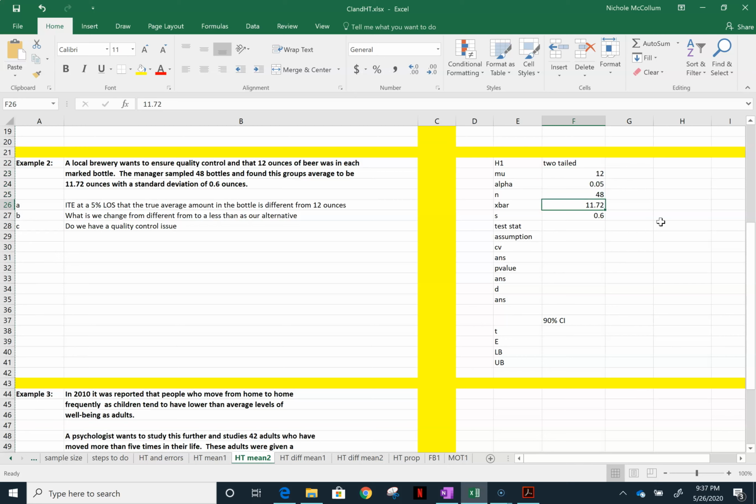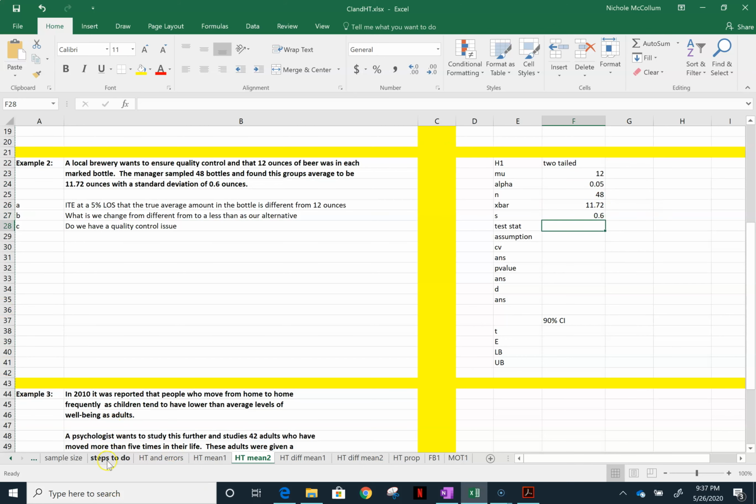Is 11.72 ounces that far under 12 for us to shut down the factory and say, as quality control, one of our machines is not working right and we need to fix it? So that's what the rest of the analysis will do: determine, is 11.72 that far from 12, or is it within what we call the acceptable range of quality control? All right, let's get to it.